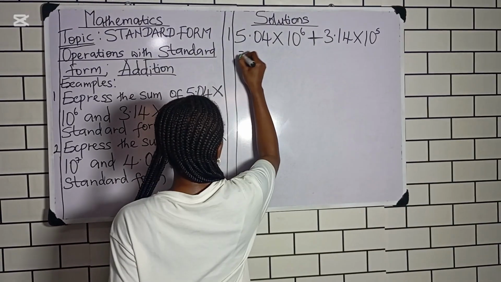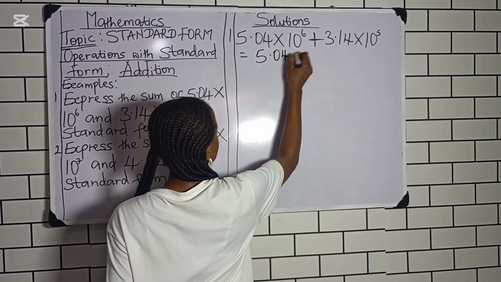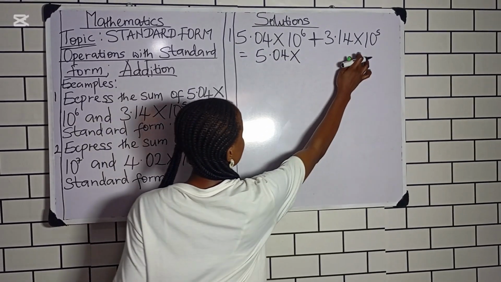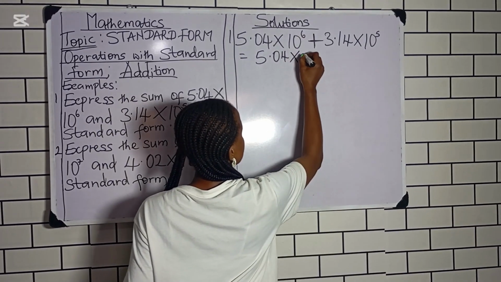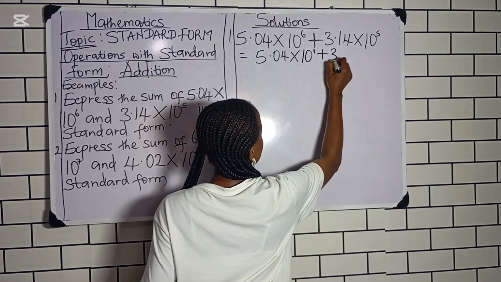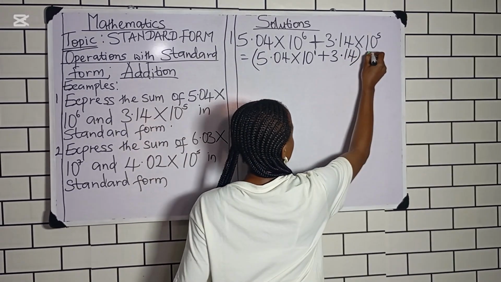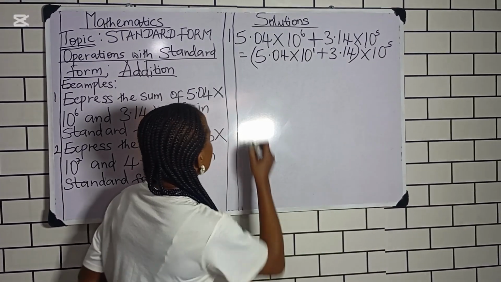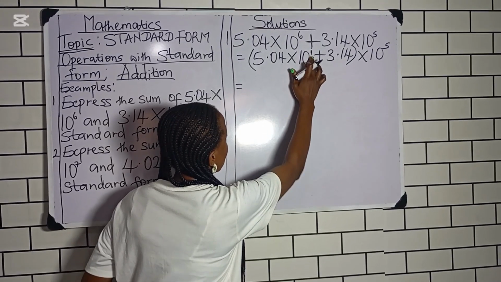Now, this will be equals to 5.04 times, if you factor out 10 raised to power 5 from 10 raised to power 6, you will remain with 10 raised to power 1, plus 3.14, all in brackets, times 10 raised to power 5. Now we're going to multiply out 5.04 times 10 raised to power 1.